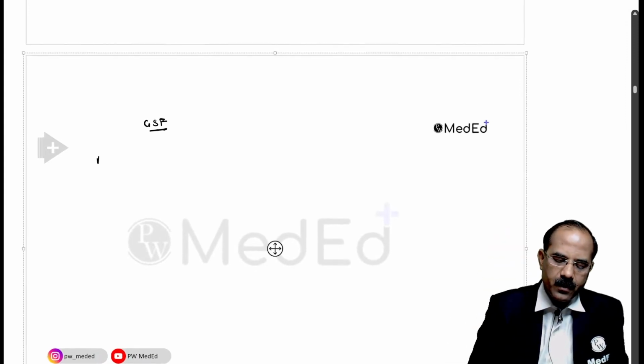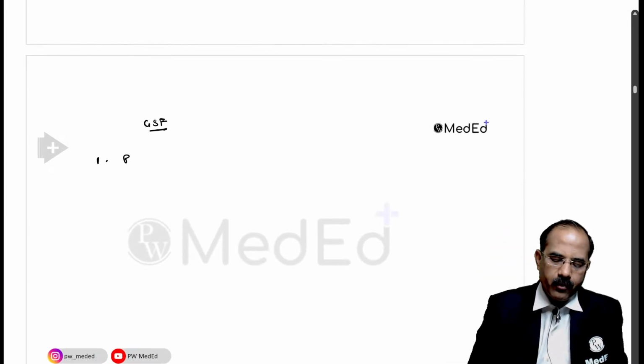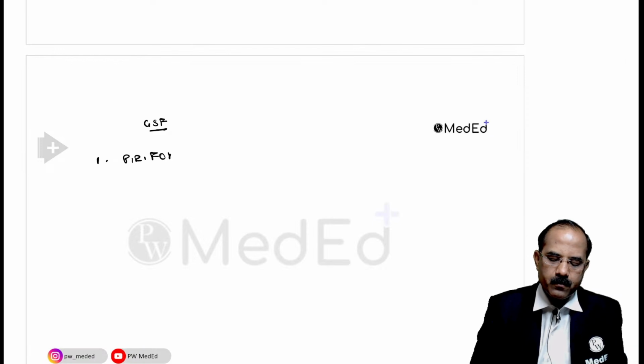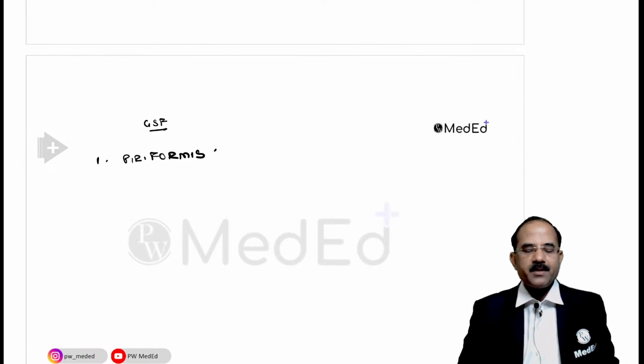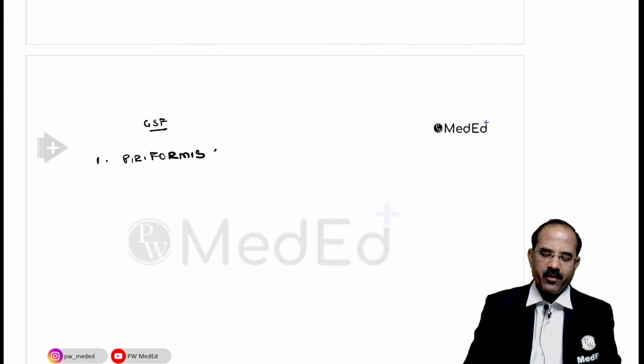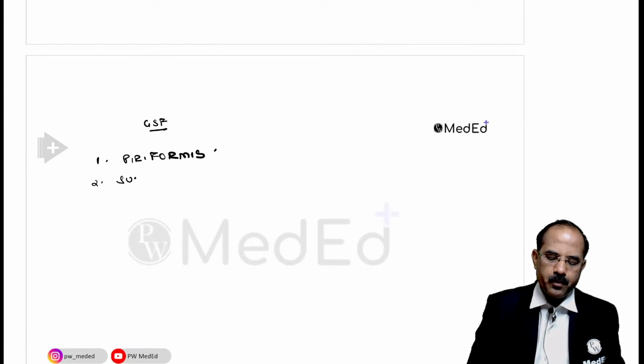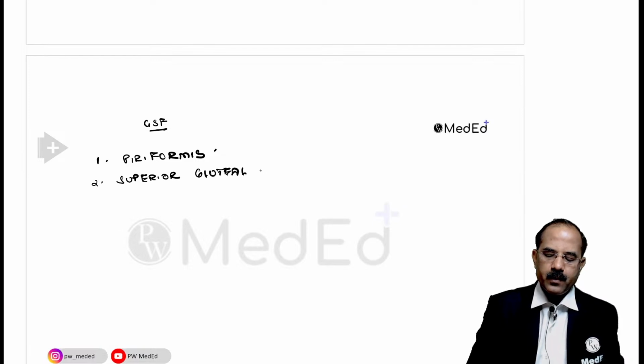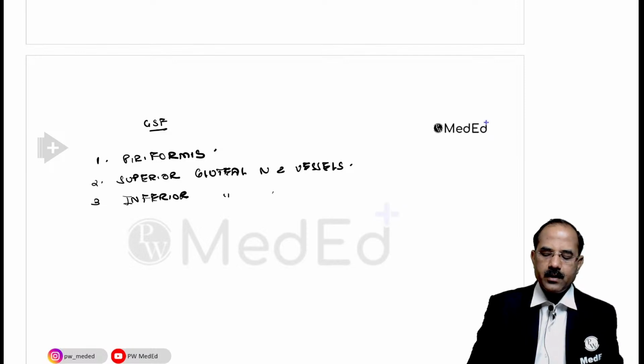One, piriformis. If you know, you answer this. Piriformis. Superior gluteal nerve and vessels. Inferior gluteal nerve and vessels. Both.